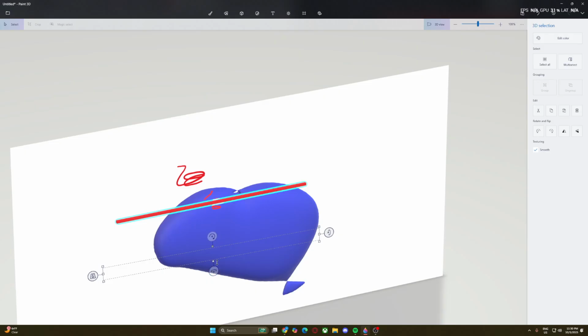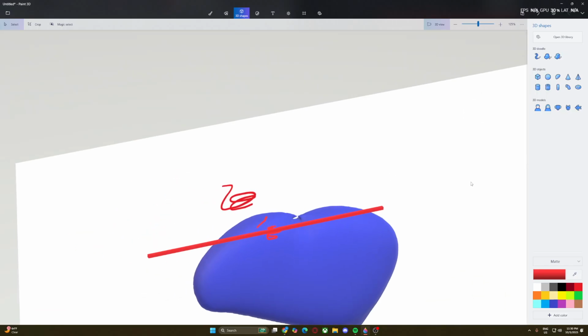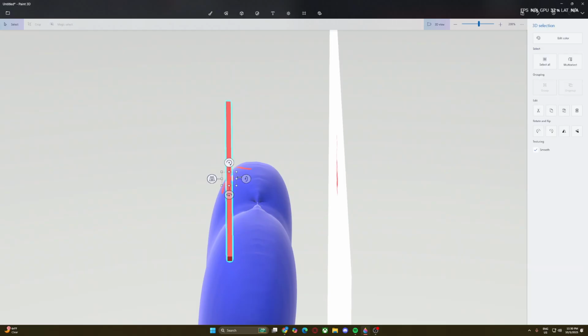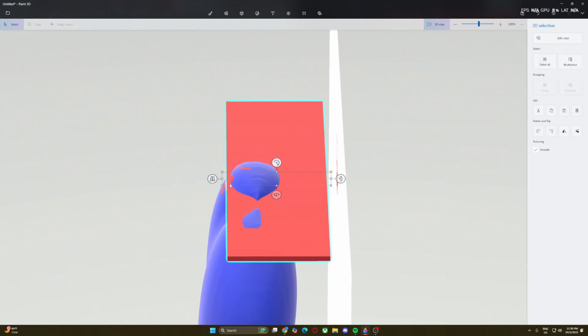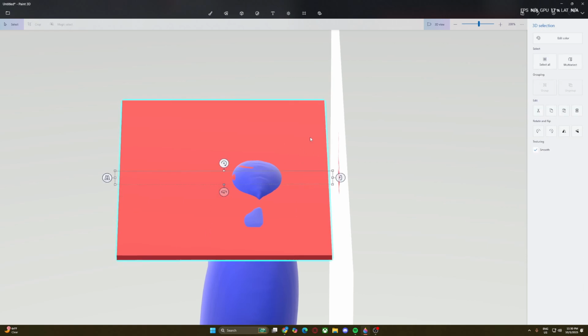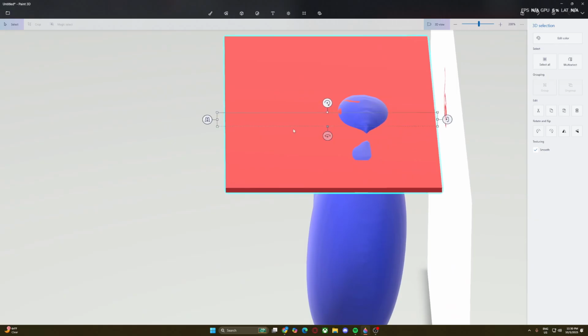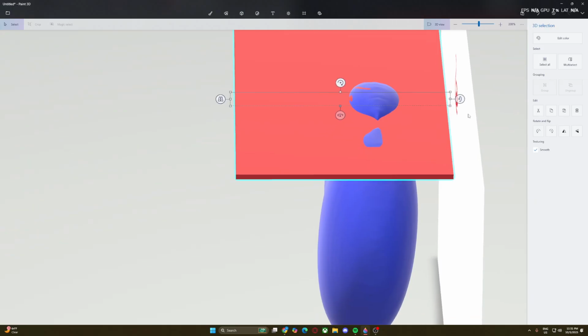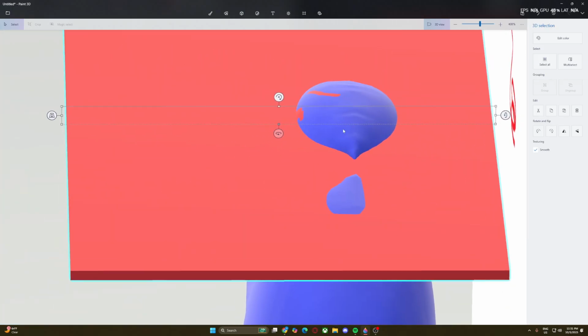There you go. Well, it doesn't look like a plane now, does it? But whatever. Is there a way to extend this? Oh, there. It's tangent to something, whatever it's tangent to, at some point.